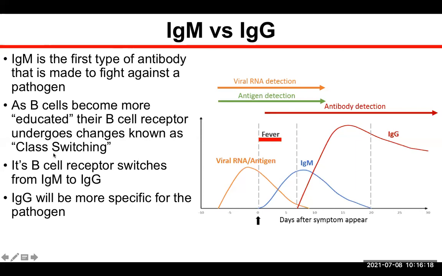I'm not going to quiz you on any of it, but it's just the name for undergoing the rearrangement of the proteins within the actual antibody structure. And when this happens, it basically will switch to the IgG form of the antibody. And so the IgG is going to be what's more specific for the pathogen.